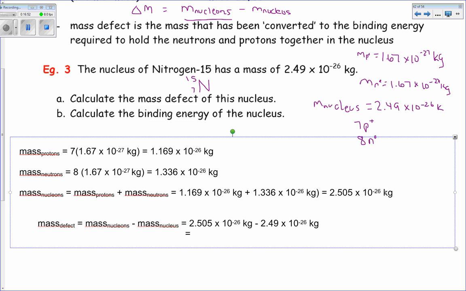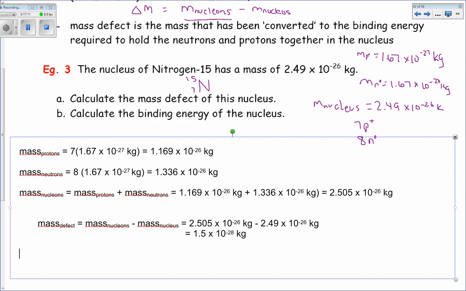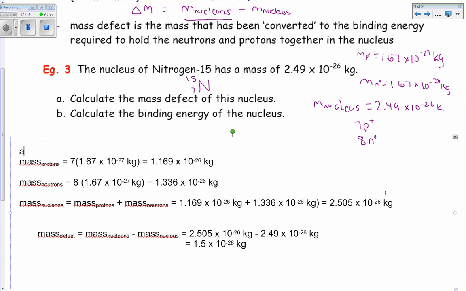Okay, and that's going to equal 1.5 times 10 to the negative 28 kilograms. And so that's the mass defect. And so this was part A, what we found here. So this is A.